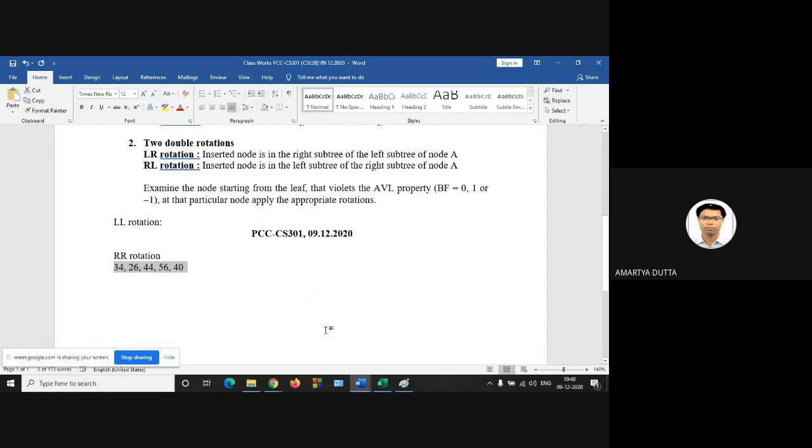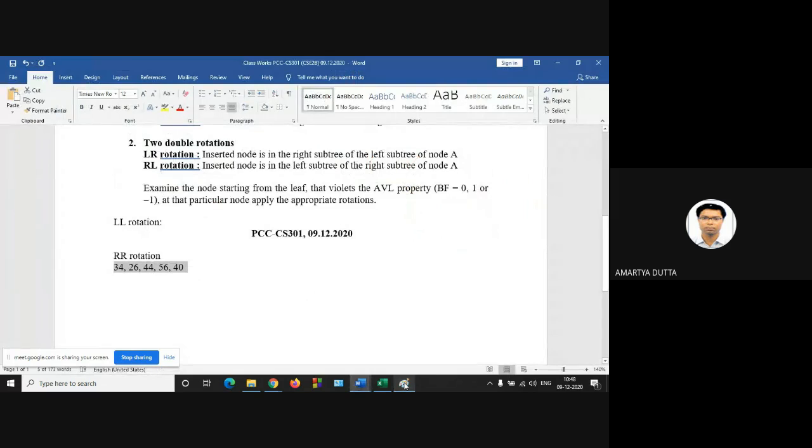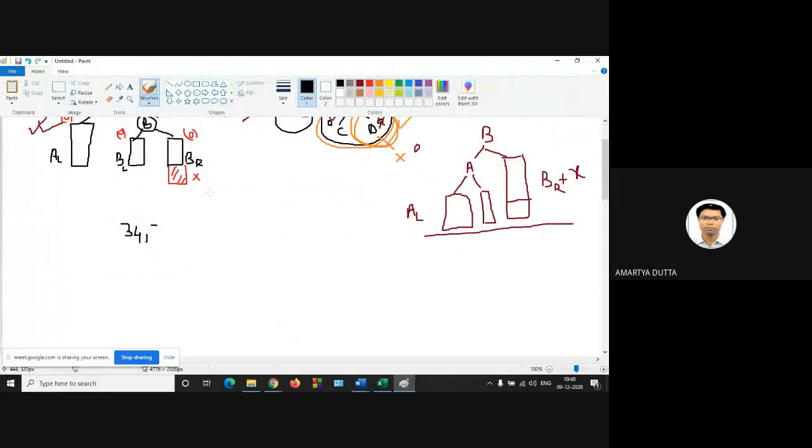You have to construct the tree. So how to construct the tree? 34 is the root.